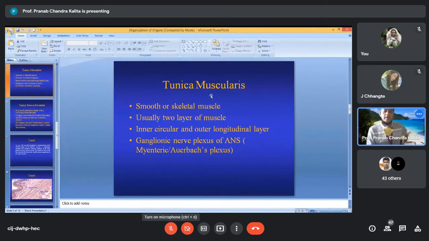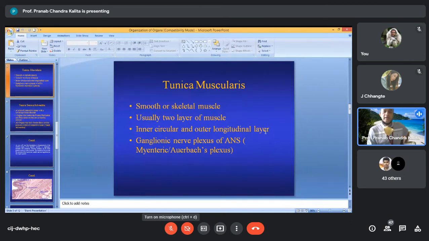Usually, Tunica muscularis consists of two layers of muscle, named the inner circular layer and the outer longitudinal layer. Sometimes three layers may be present, but only in about 5% of organs. In 95% of organs you will find two layers of muscle, inner circular and outer longitudinal.